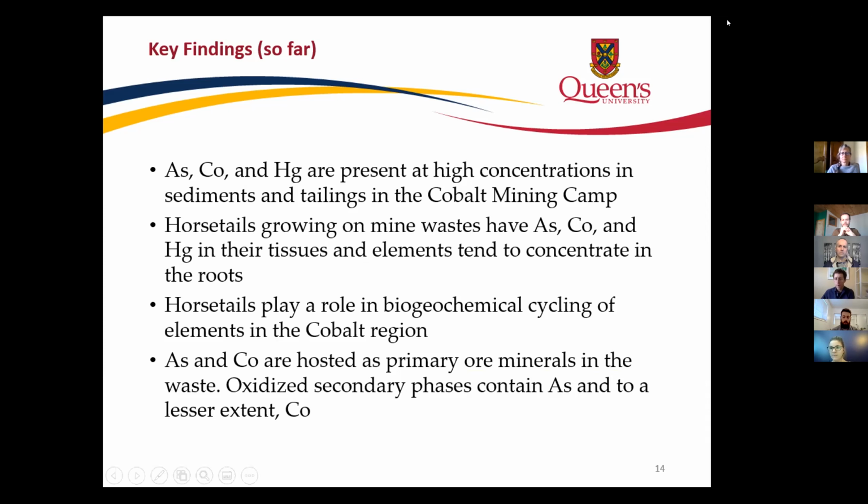I was just curious as to why the benthic sediments seem to generally be higher in these contaminants than the tailings. Yeah, so that is something that we're still figuring out. One idea we have is that part of what makes these benthic sediments so slimy and black is organic material.